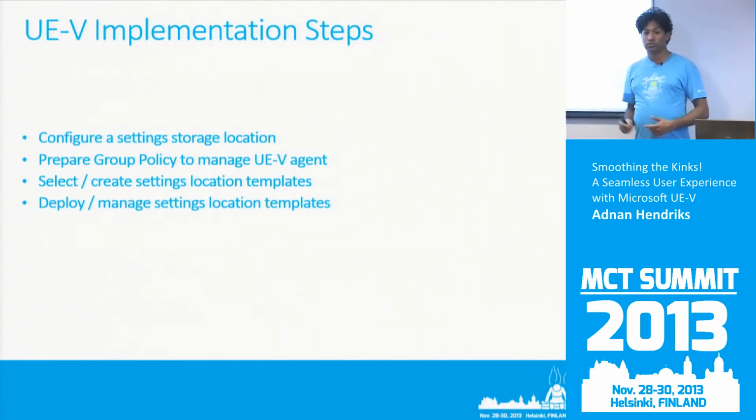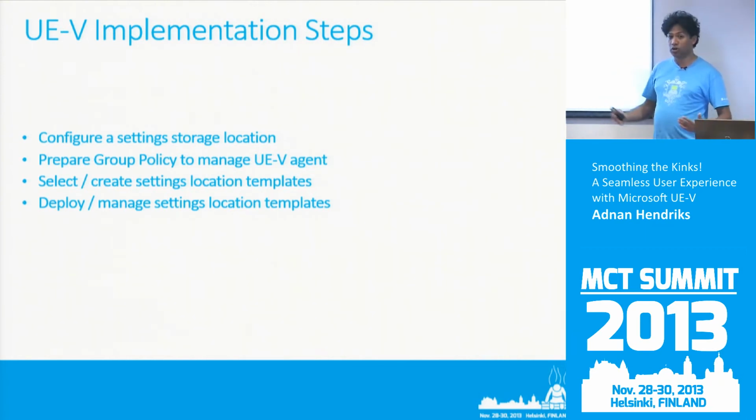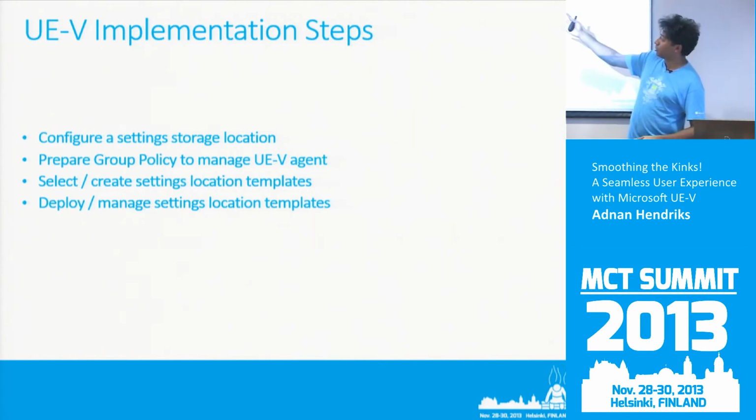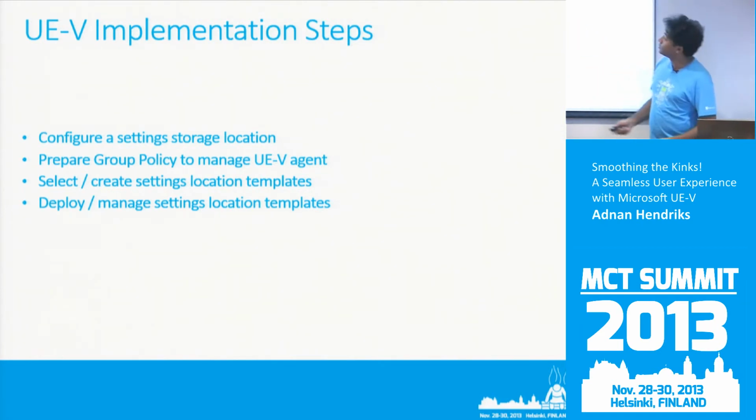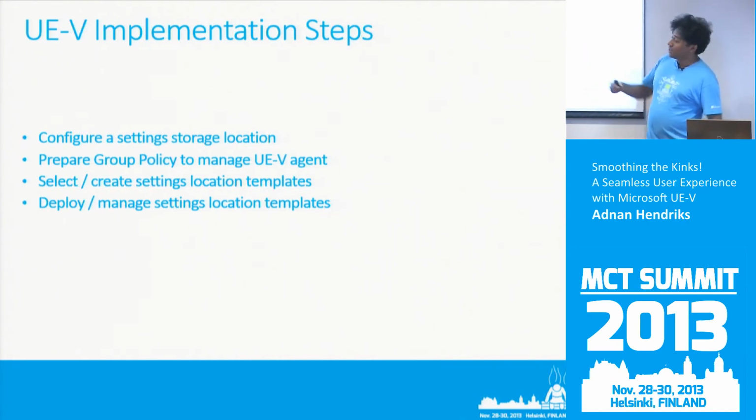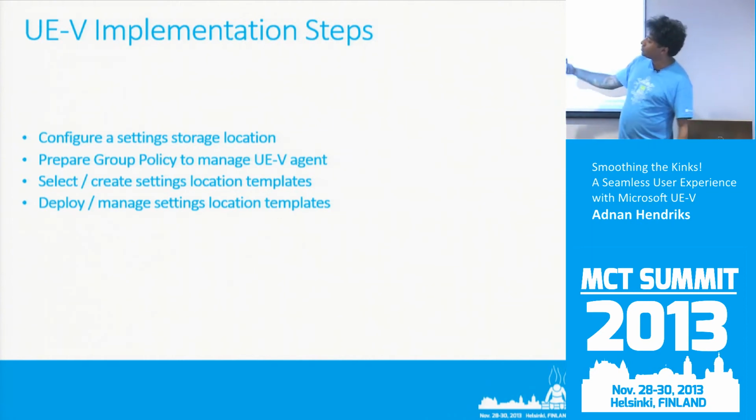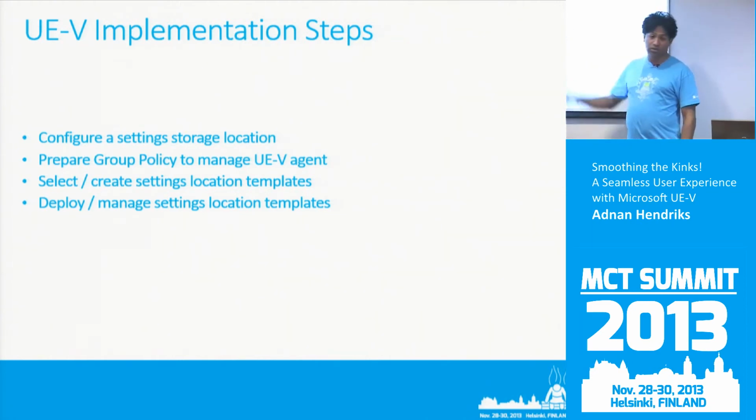You could use scripts, PowerShell, but in a large organization, group policy or group policy preferences is the preference. You select the default templates, or you create customized templates for the applications, and you then deploy or manage the settings location templates. So you'd have to deploy them to every computer.